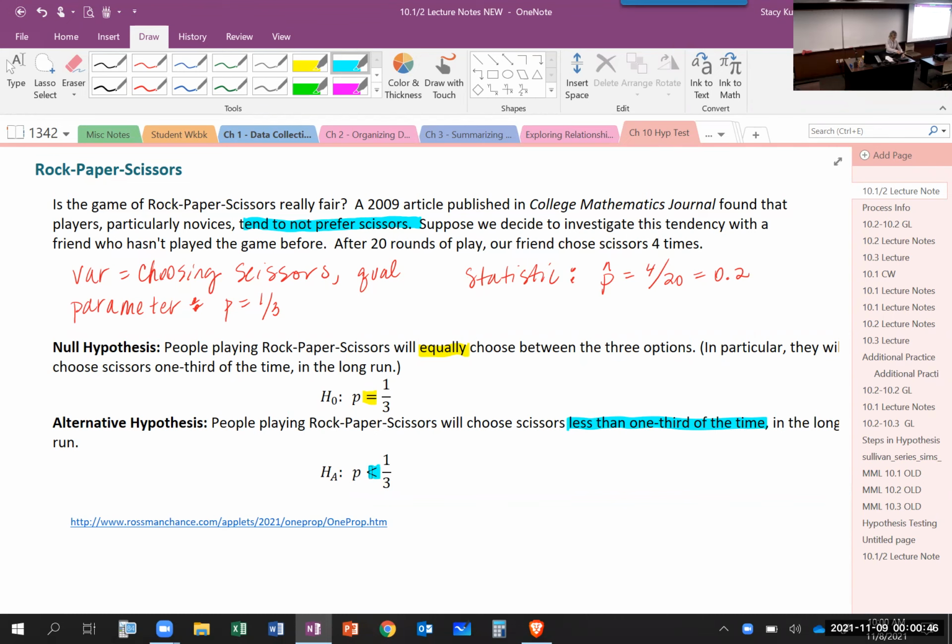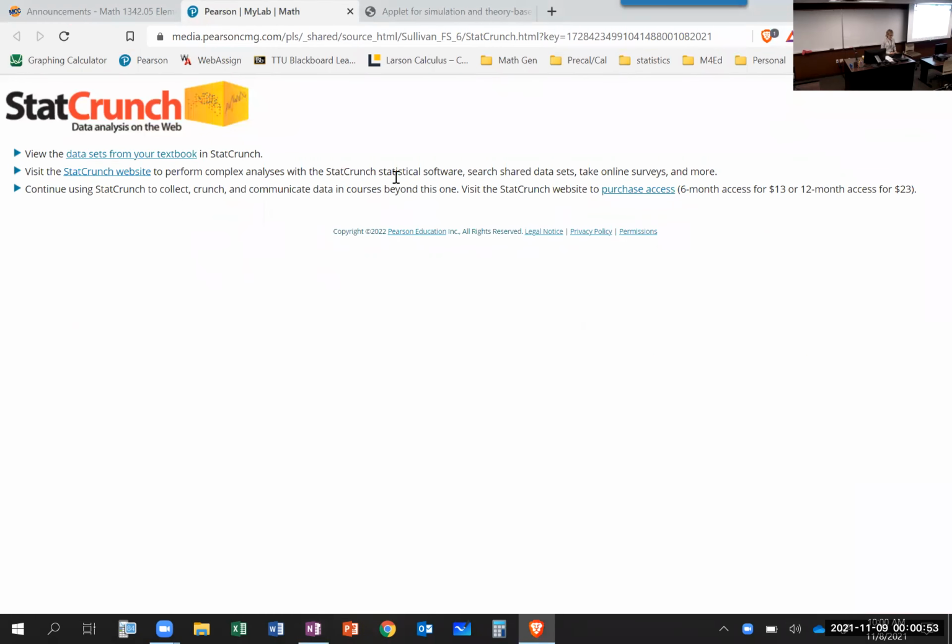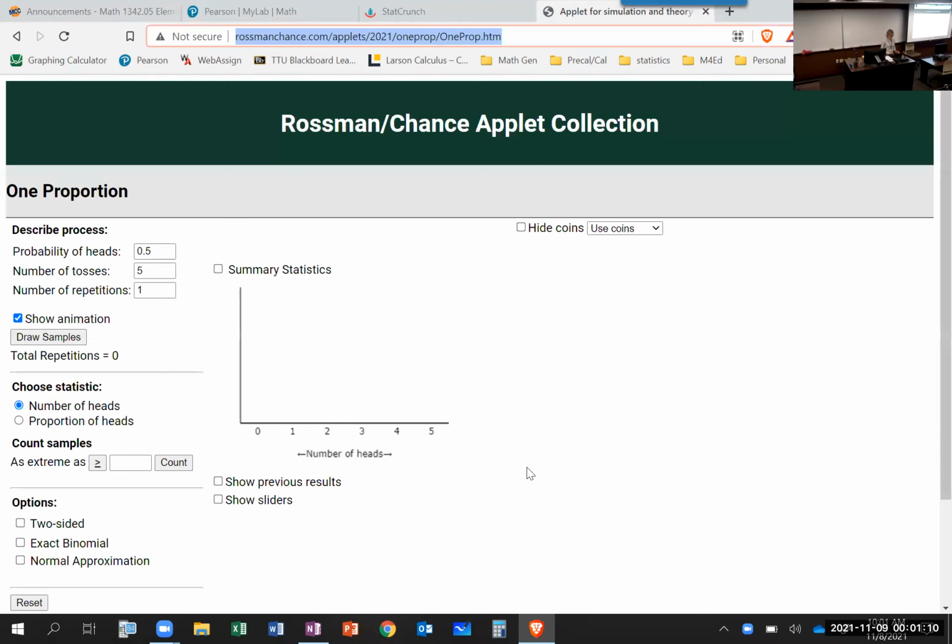Okay. So what I want us to do, everybody go to that app that I had you hopefully look at. Our author does this in the textbook, but I'm a little bit more familiar with this applet.